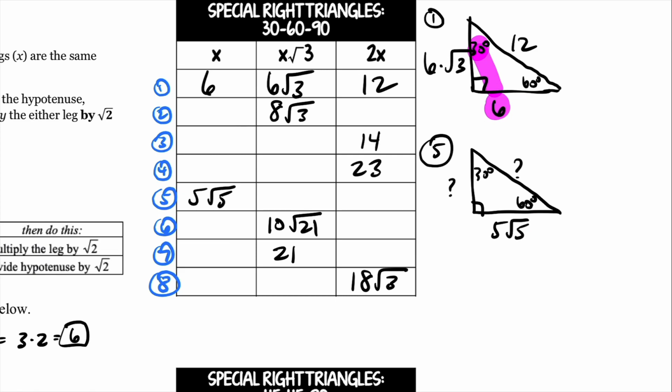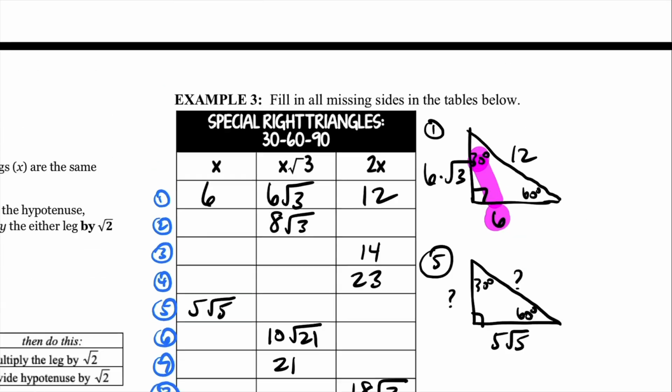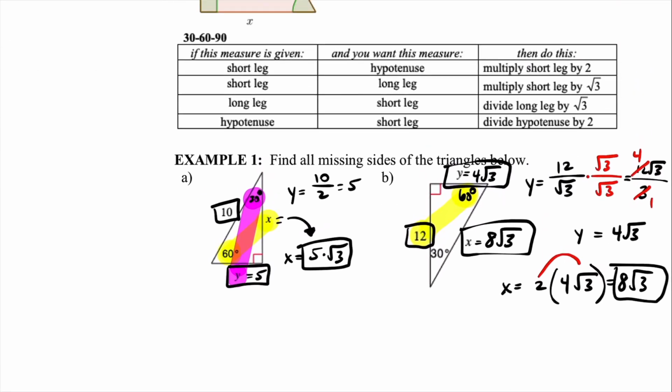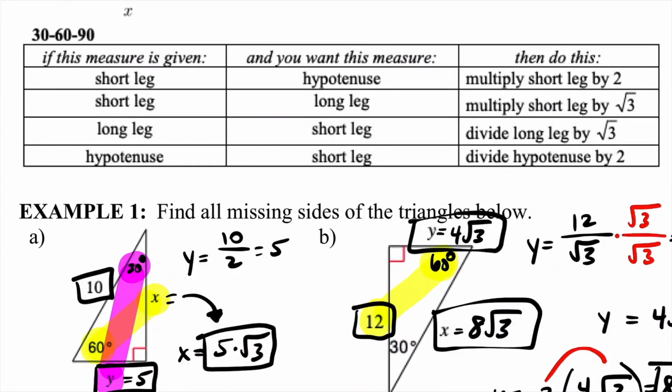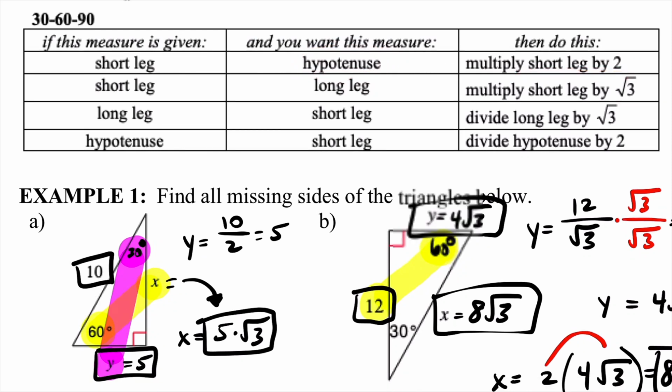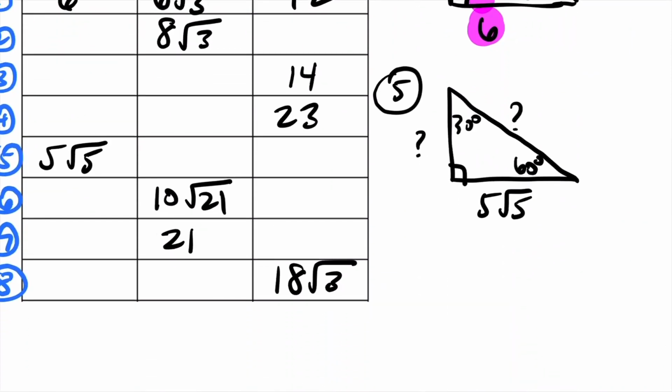Okay. So I have a short leg. So let's go to the table. If I have a short leg, to get the hypotenuse, I multiply by regular 2. Multiply the short leg by regular 2.